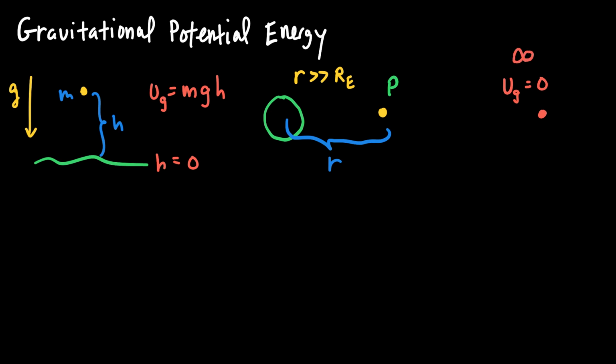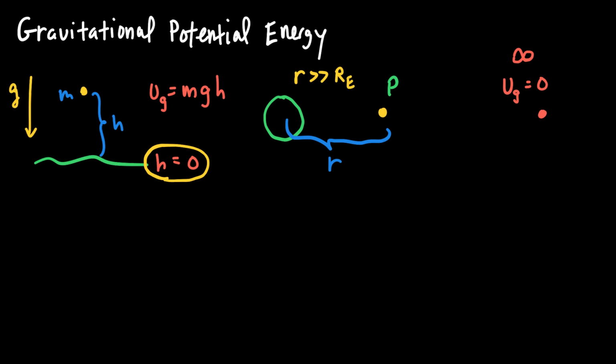And so when the distance we are away from the center of that planet is equal to infinity, then the gravitational potential energy is defined as 0 at that point. When we are close to the surface of the Earth, we have the choice to define the place where h equals 0, but when we're further away, we're not going to have a choice. We're going to say that the gravitational potential energy is equal to 0 at an infinite distance away.